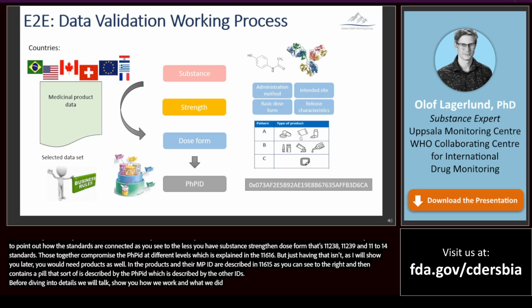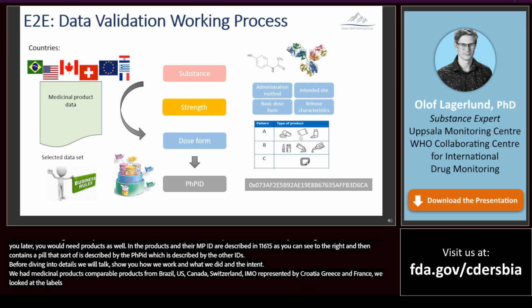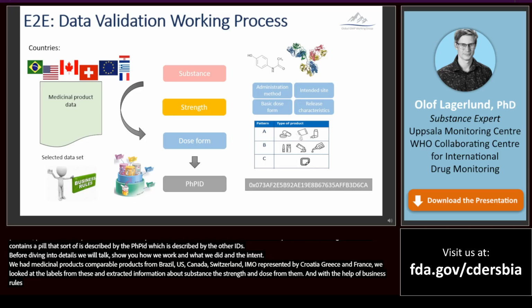We had medicinal products, comparable products from Brazil, US, Canada, Switzerland, EMA, represented by Croatia, Greece, and France, where we looked at the labels, the SPCs from these, and extracted information about substance, strength, and dose. With the help of business rules that we had in GIDWG and the ISO standards, we could then construct a PhPID.